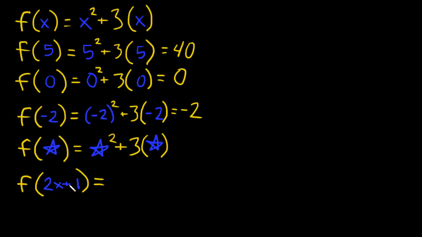I've got two terms here, so when I substitute the whole thing, I'd better put it in parentheses before I square it because I need to square the whole thing. So that's going to equal 2x plus 1 quantity squared plus 3 times 2x plus 1. And leave it just like that.